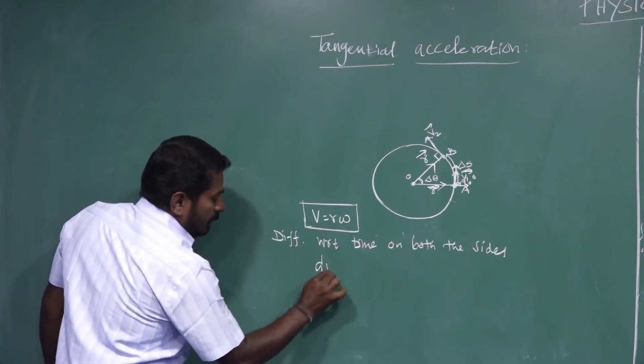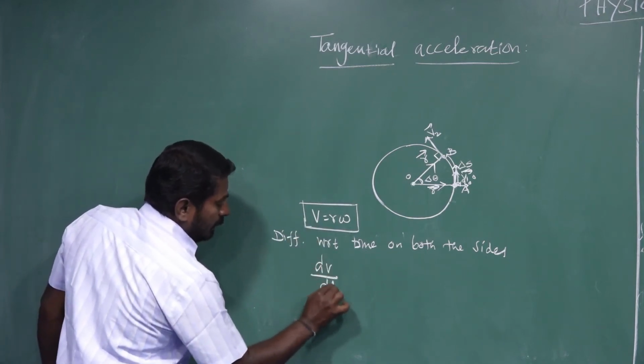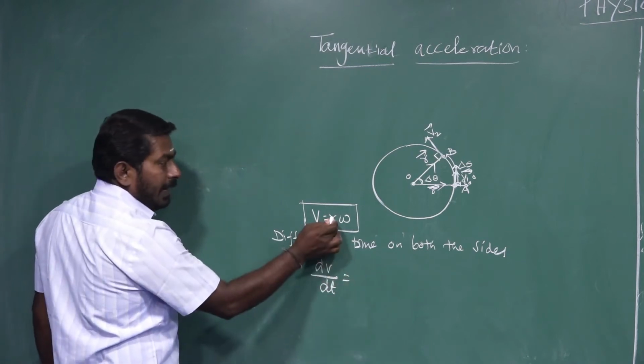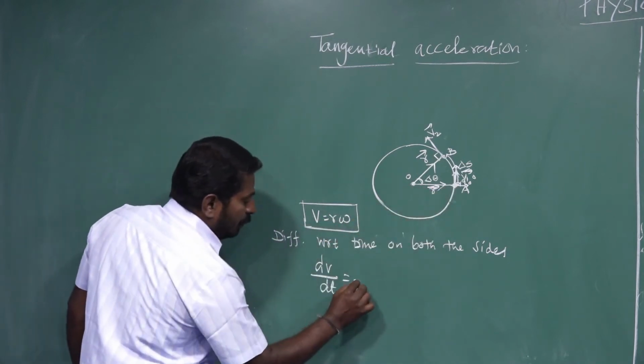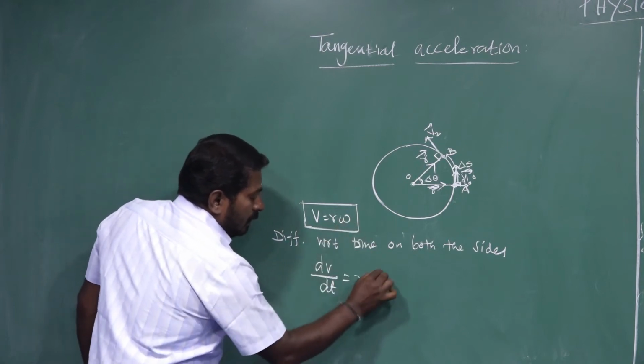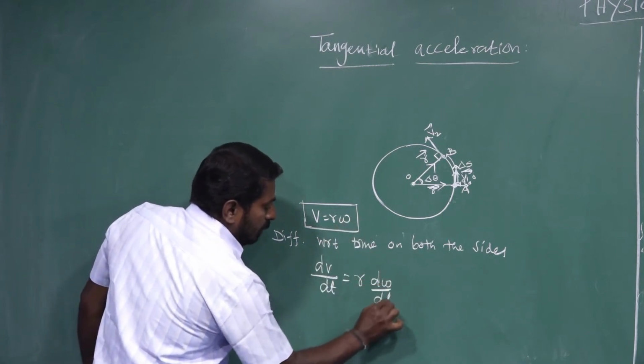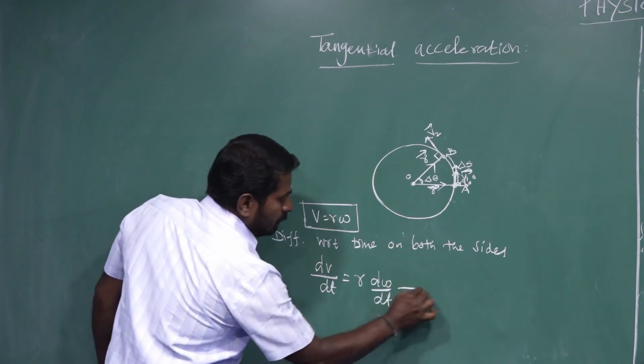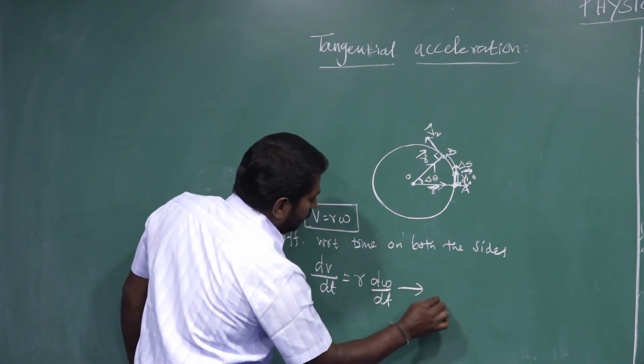So dv divided by dt is equal to r, the radius remaining constant, d omega divided by dt. So this is equation number A.